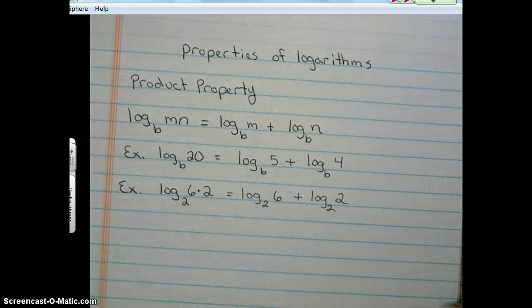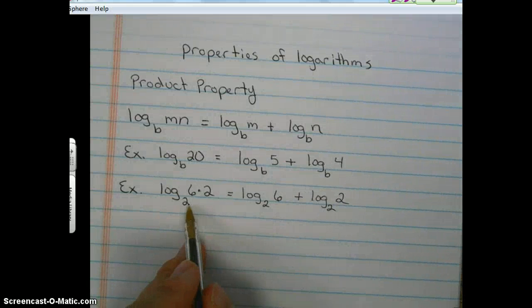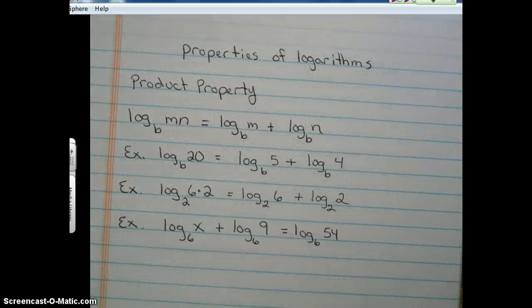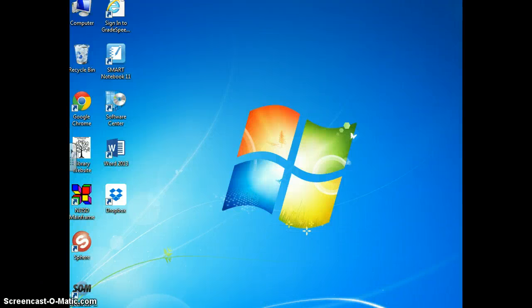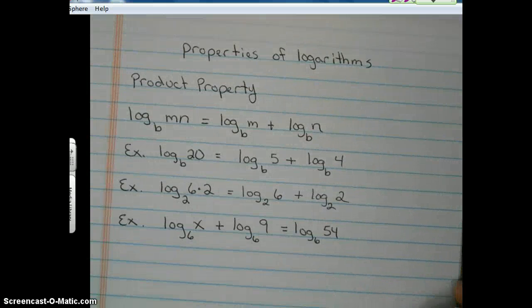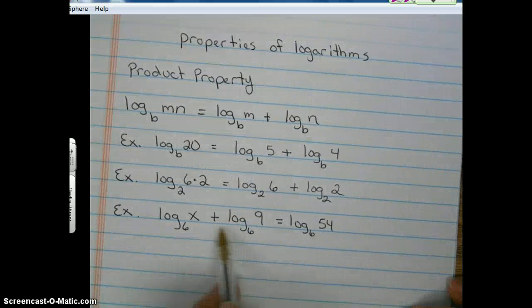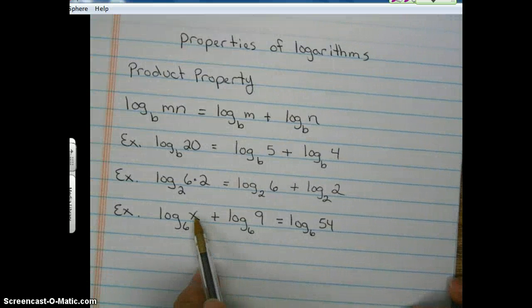So let's look at an example on how we might use this to solve an actual problem. Trying to get used to this new laptop, moving around from one screen to another, so bear with me. So how would we handle this? Well, we're trying to solve for x.